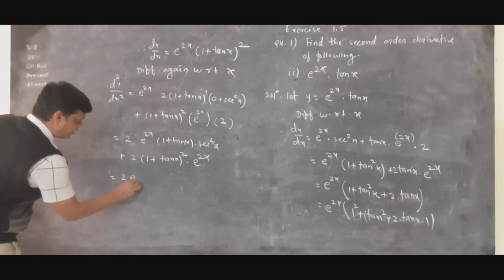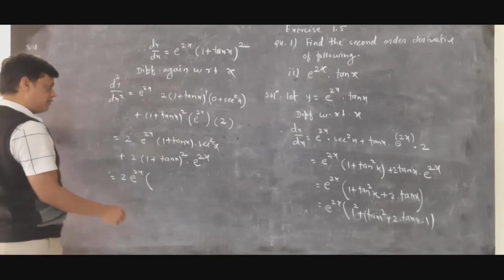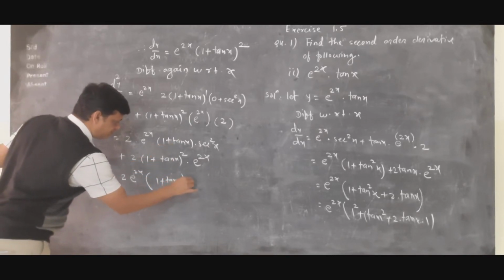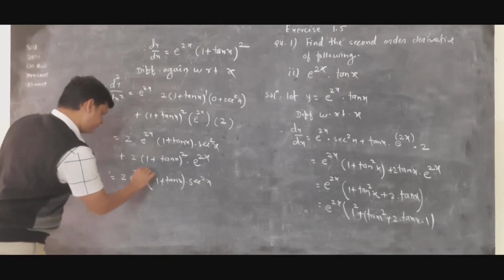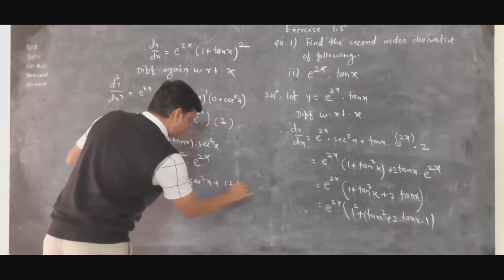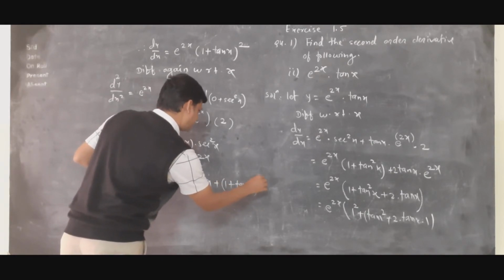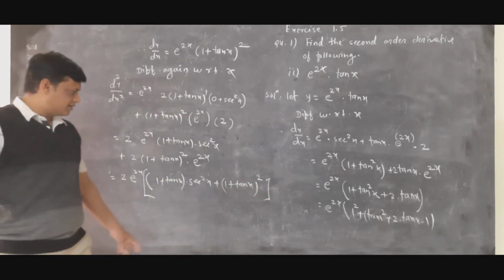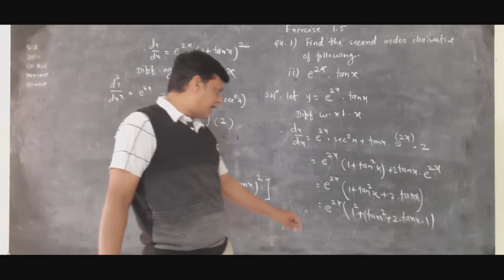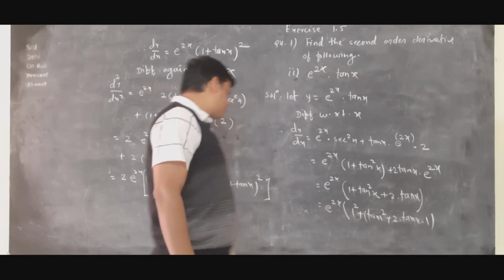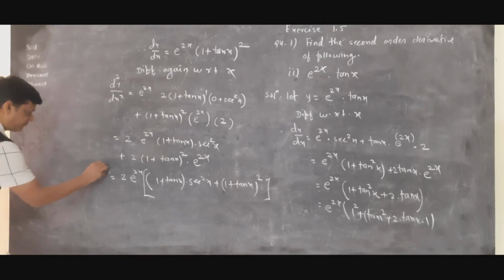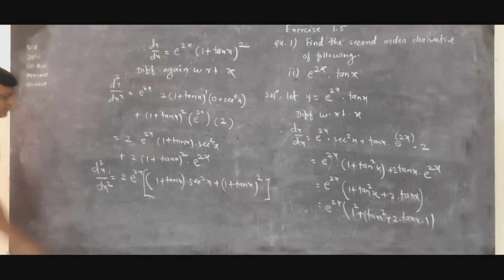So write 2e^(2x) in bracket. Here we get (1 + tan x) into sec²x plus (1 + tan x)^2. So you can simplify this, or you can directly write (1 + tan x)^2 as 1 + tan²x + 2 tan x. So in this way we find the second order derivative d²y/dx².